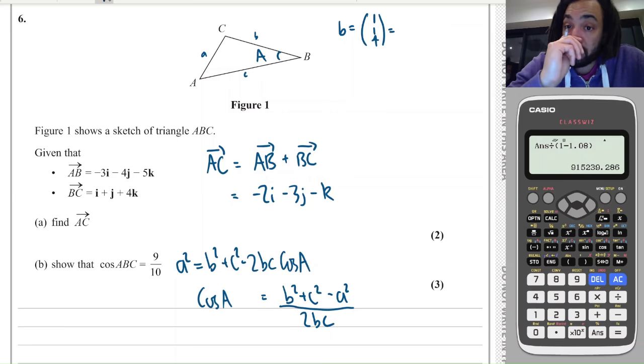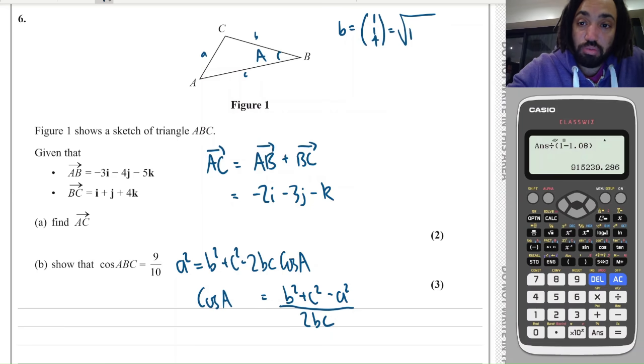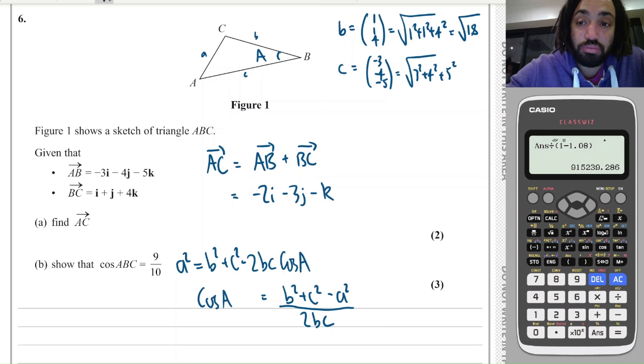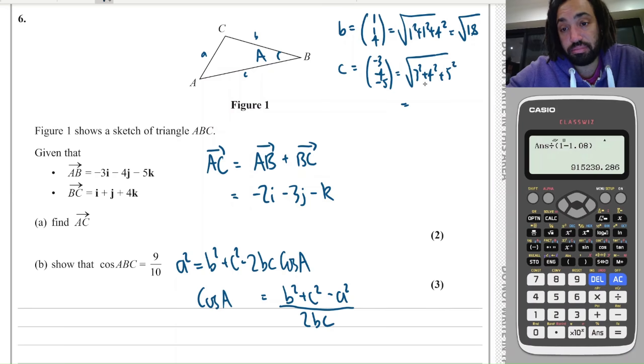So I know the distance of that is the square root of 1 squared plus 1 squared plus 4 squared, which is equal to the square root of 18. And the little c that I'm going to use is actually a to b, which is minus 3, minus 4, minus 5. And I know if I square all of these values, it doesn't matter about the negative because they're going to get squared. That's going to be the square root of 50.